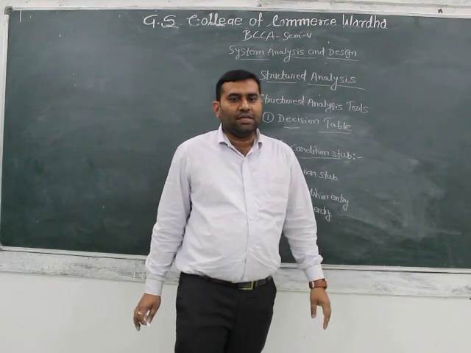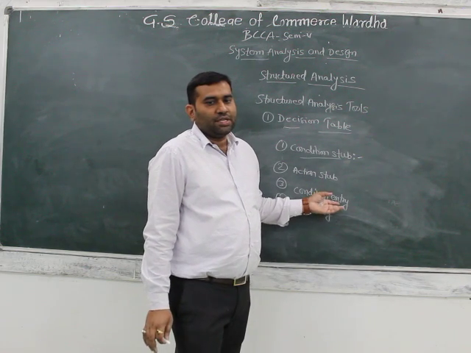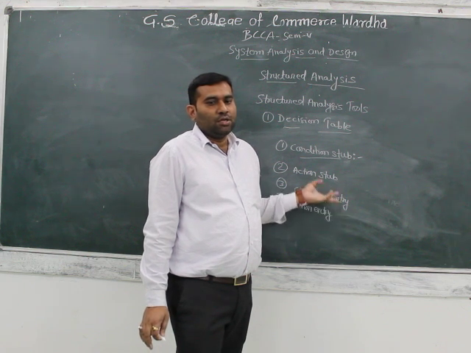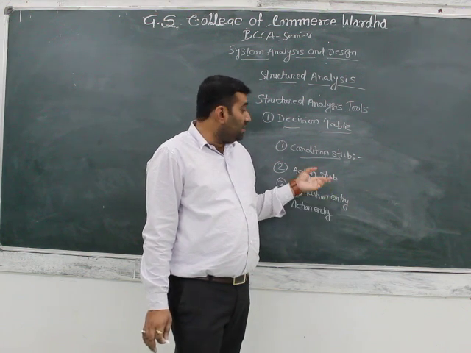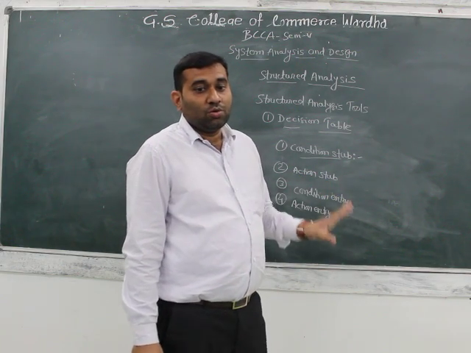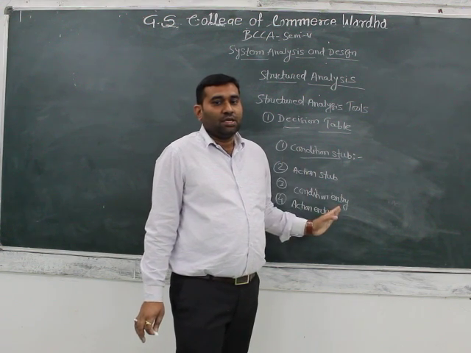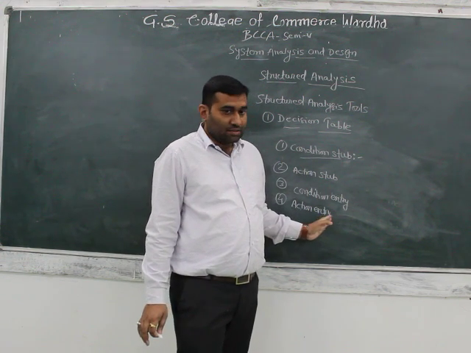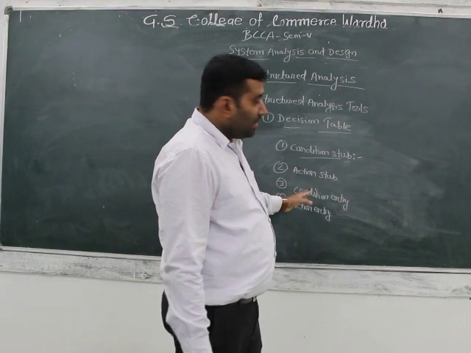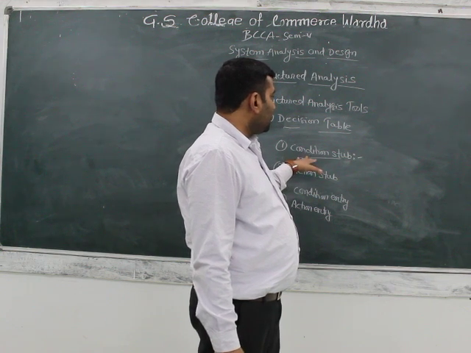Then action entry, it is the lower right quadrant, which indicates the appropriate action resulting from the answer to the condition in the condition entry quadrant. It is in the lower right quadrant, which provides the appropriate action resulting from the answer to the condition in the entry quadrant.